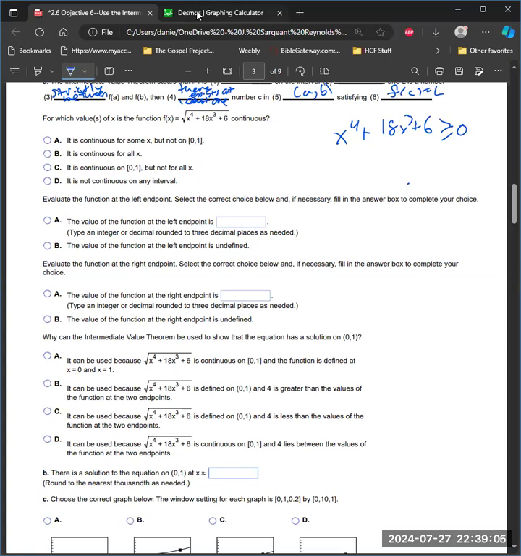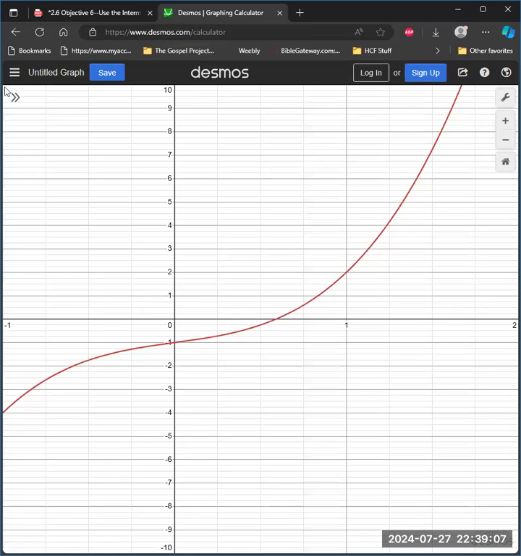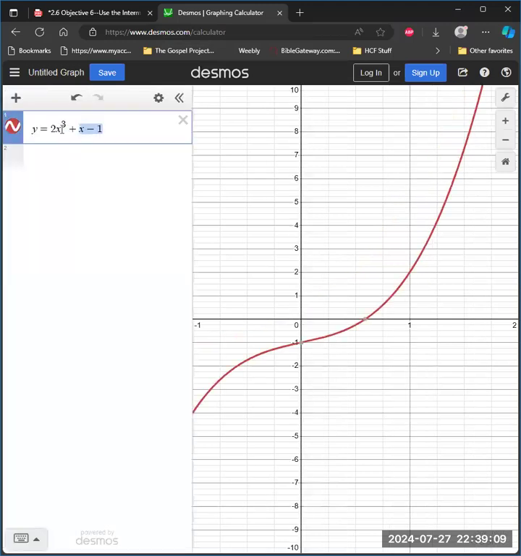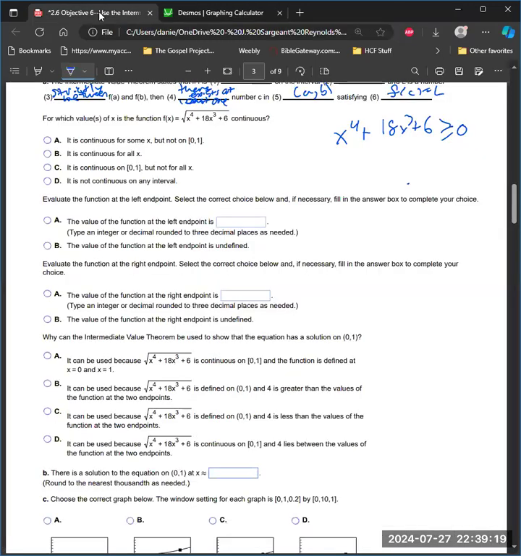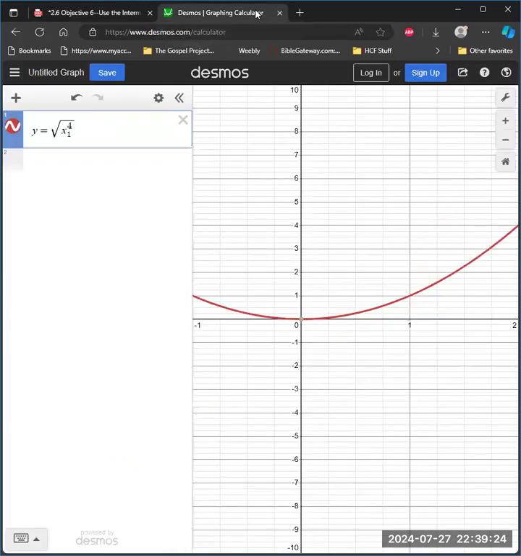Let's go ahead and just look at the graph here: the square root of x to the fourth plus 18x cubed plus 6.